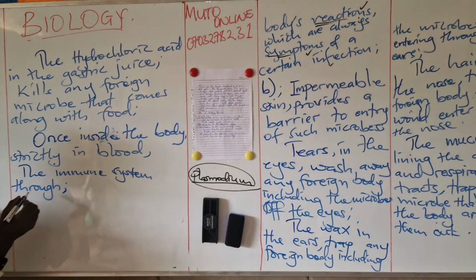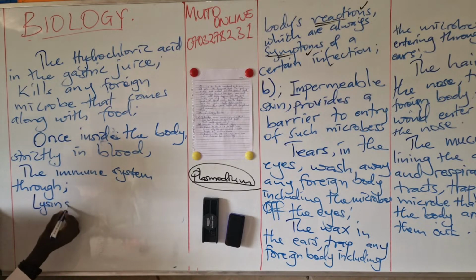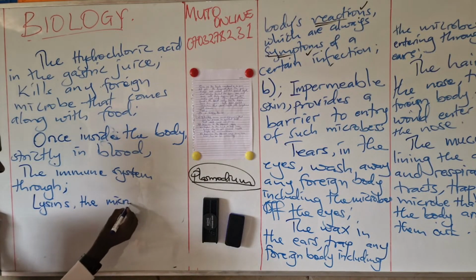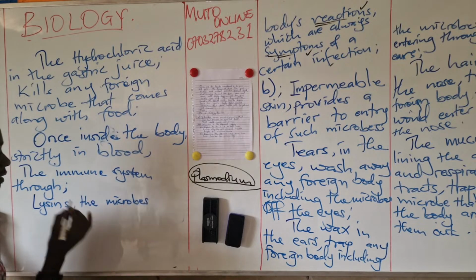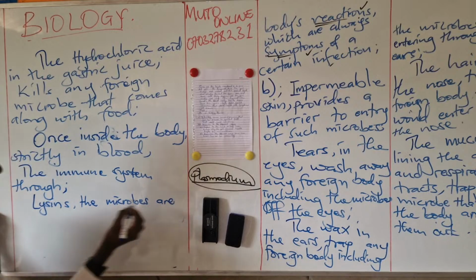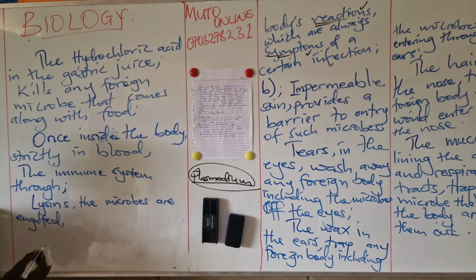So we have white blood cells we call lysins. So through lysins, the microorganisms in the body are engulfed. They are surrounded.